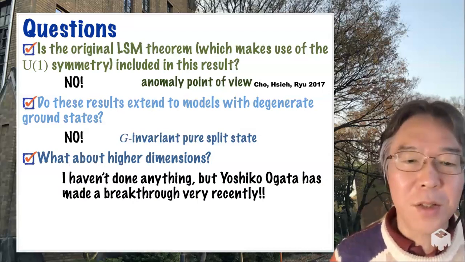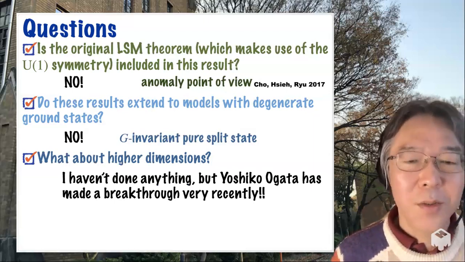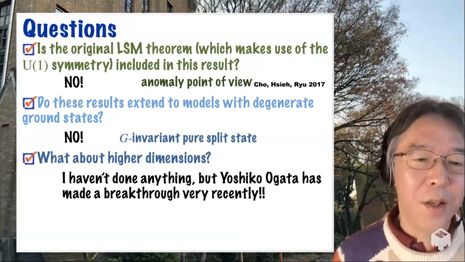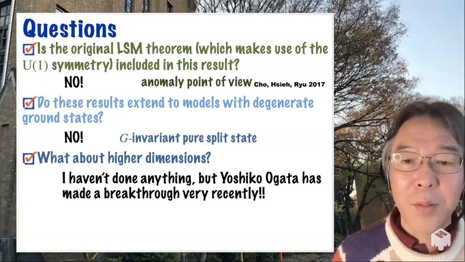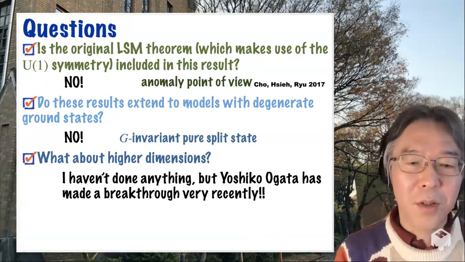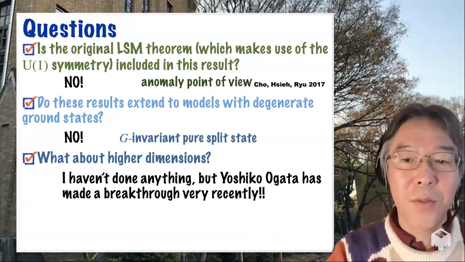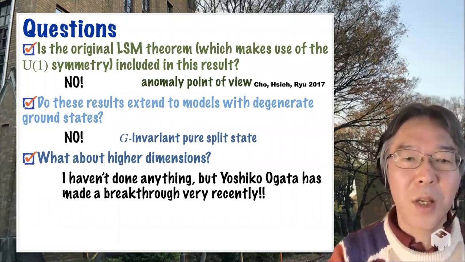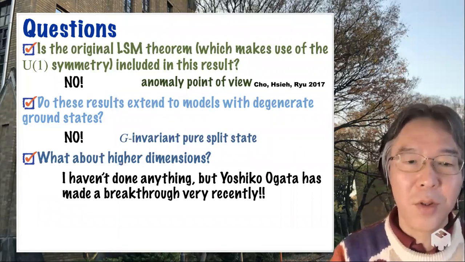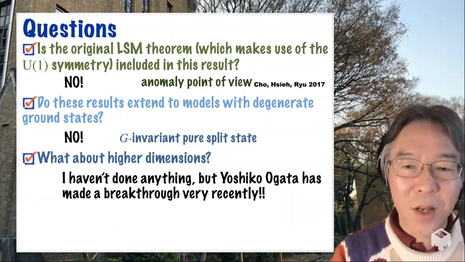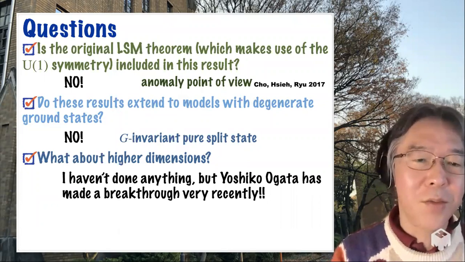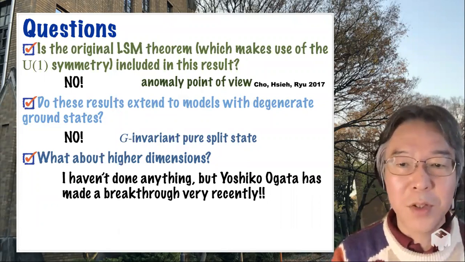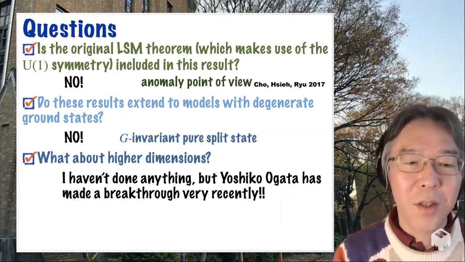I haven't done anything, but Yoshiko Ogata very recently came up with a breakthrough, and she has very new results about two-dimensional symmetry protected topological phases. She defined a new index, which takes values in the third group cohomology. That is very, very interesting. And she doesn't rely on the split property anymore. She has a new way of looking at this.